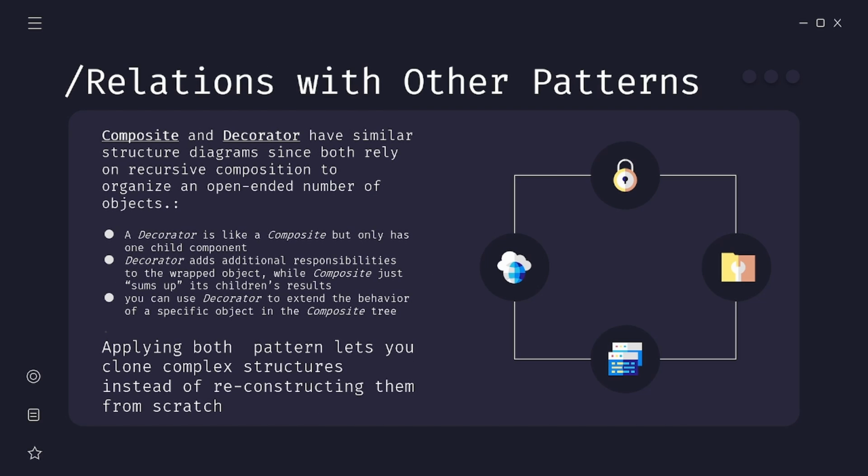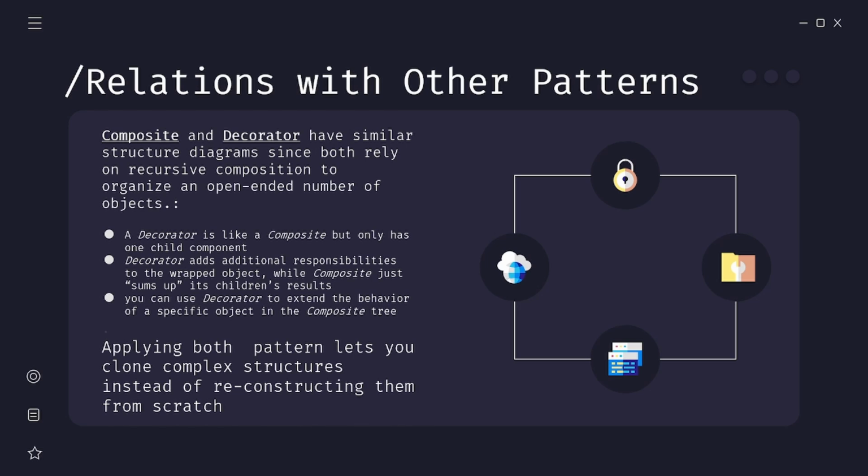There is a very important relationship between composite and decorator pattern. Composite and decorator have similar structure diagrams since both rely on recursive composition to organize an open-ended number of objects. A decorator is like a composite but only has one child component.